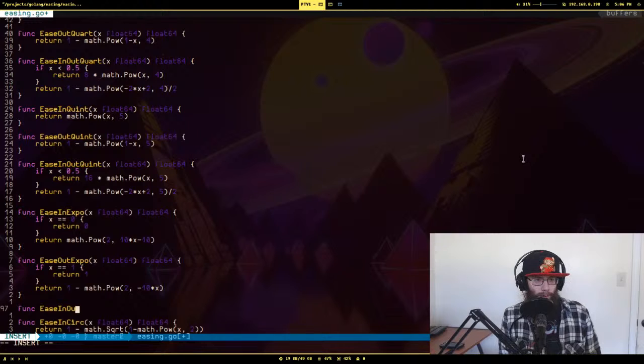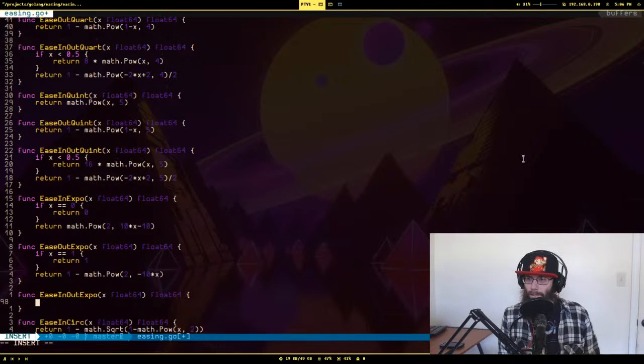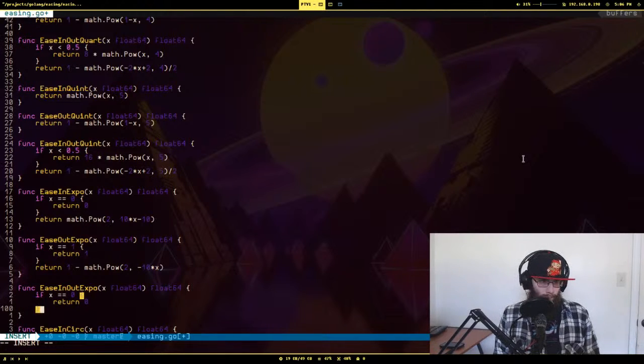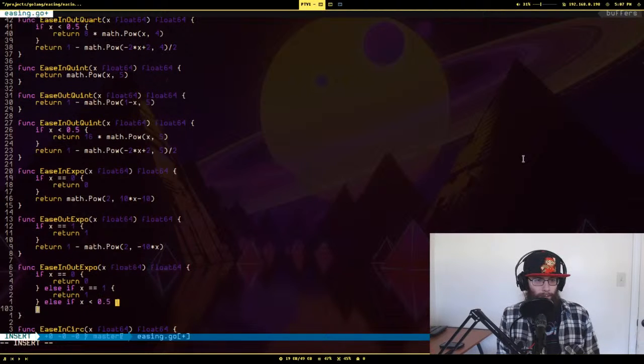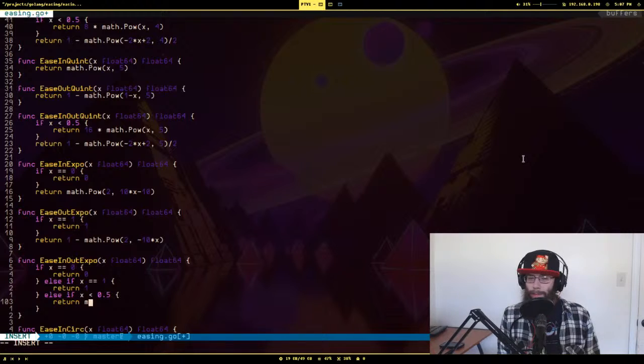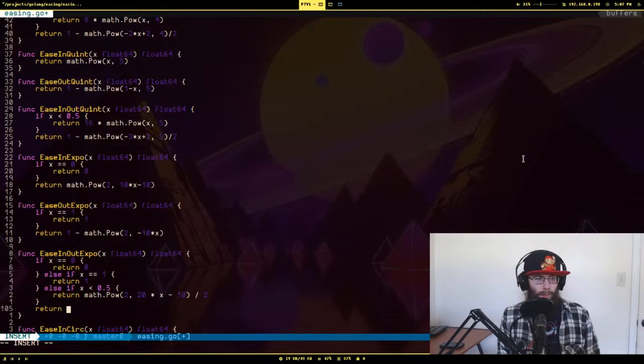Func ease in out exponential. If x is 0, return 0, else if x equals 1, return 1, else if x is less than 0.5, return math.Pow 2, 20 times x minus 10, divided by 2, and lastly return 2 minus math.Pow 2, negative 20 times x plus 10, divided by 2.